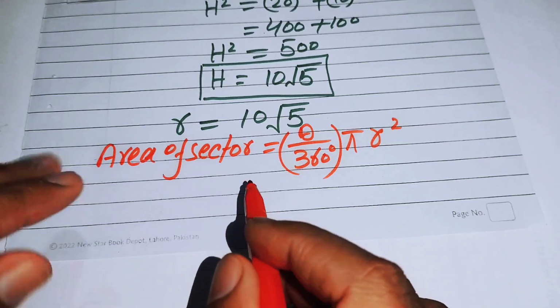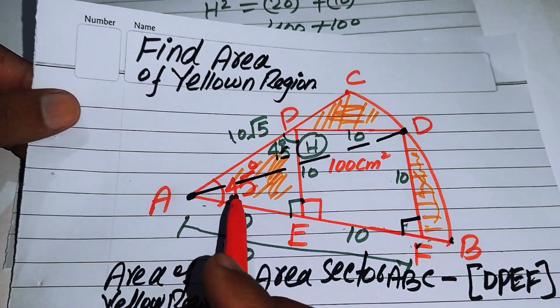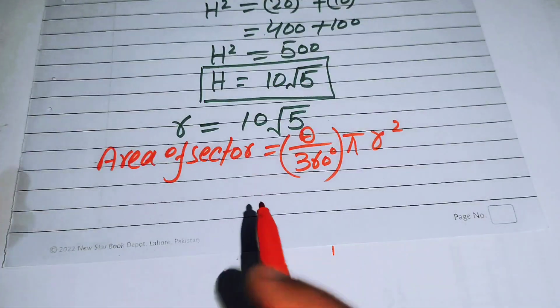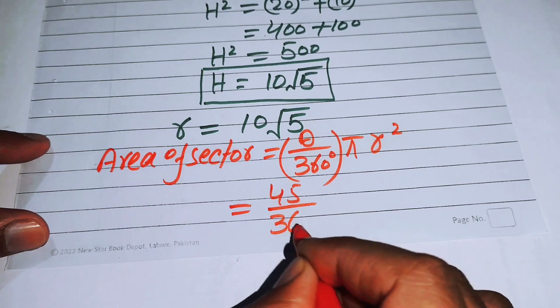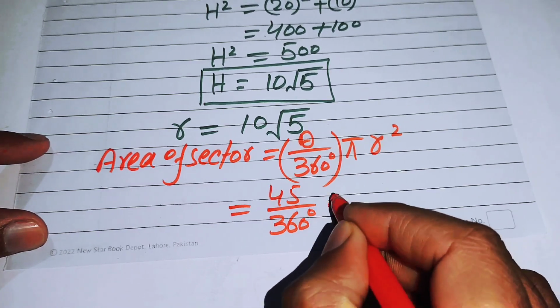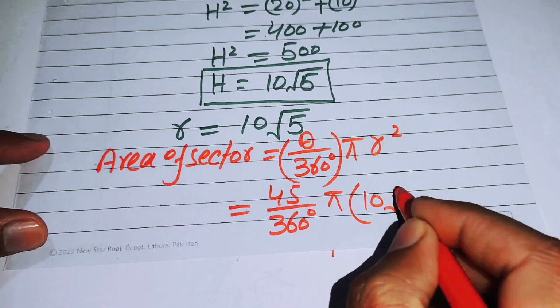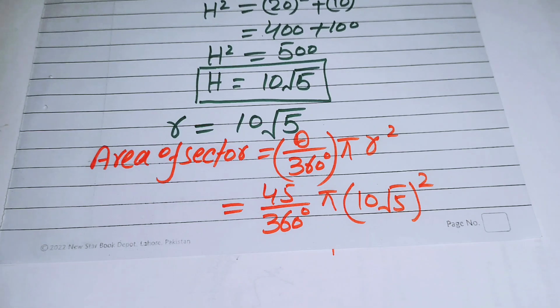Theta is the angle in the sector, which is 45 degrees. So we put the value here: 45 degrees over 360 degrees times pi times r square, where r is 10 times the square root of 5, whole squared.